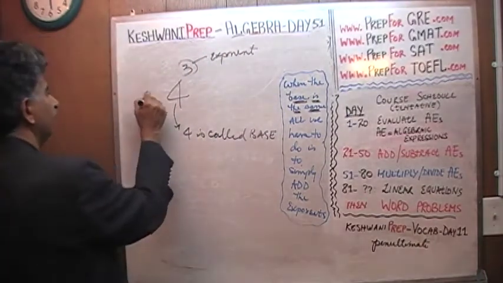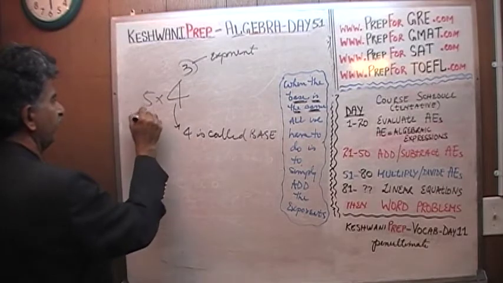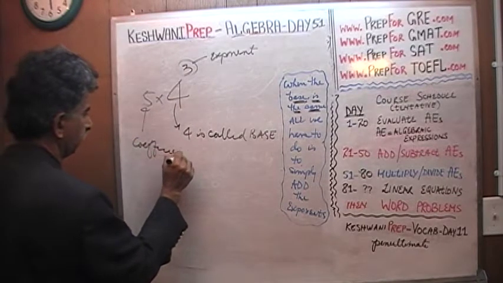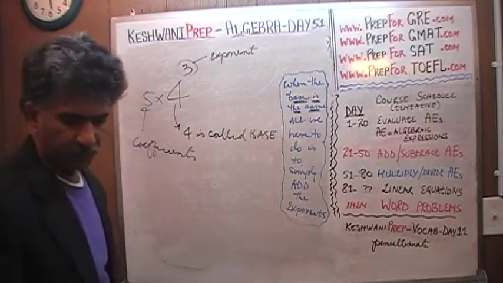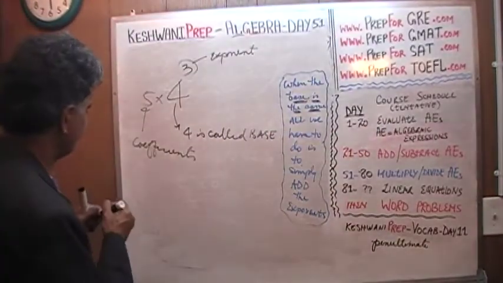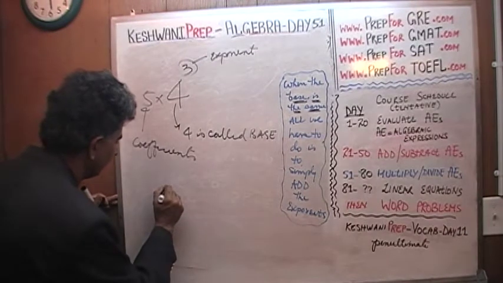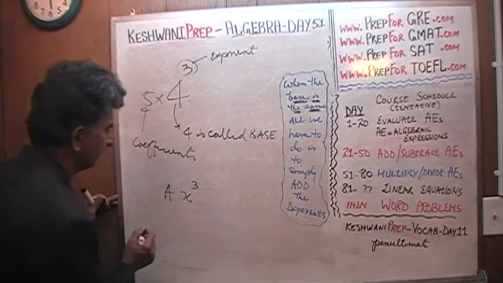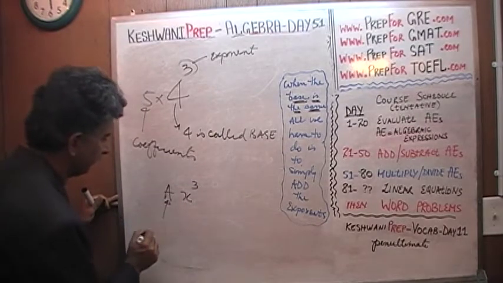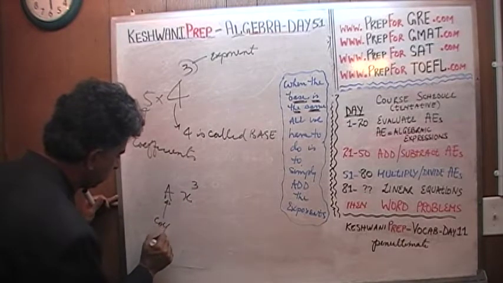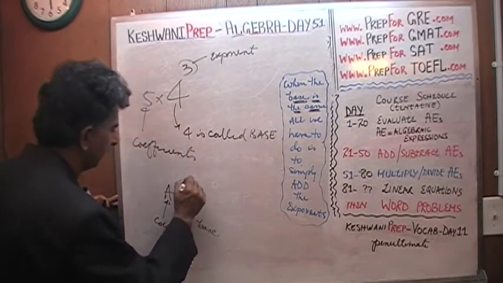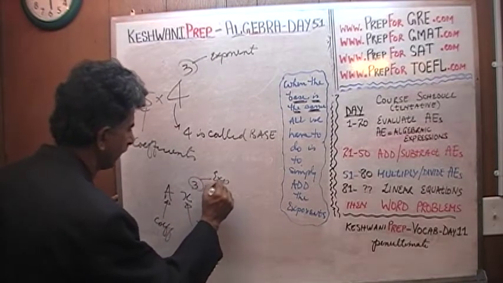And if we had 5 times 4 raised to 3, then 5 would have been called the coefficient. Now let me give you the same example in terms of a variable. If we had a times x to the third, a is your coefficient, x is your base, and 3 is your exponent.